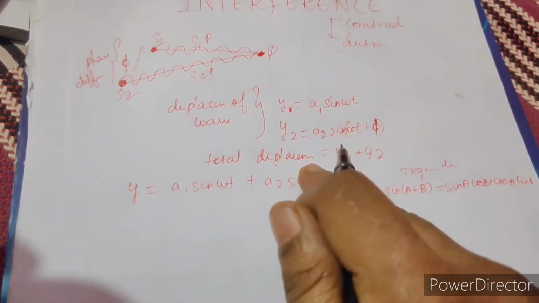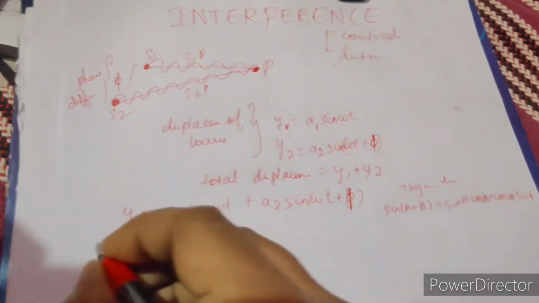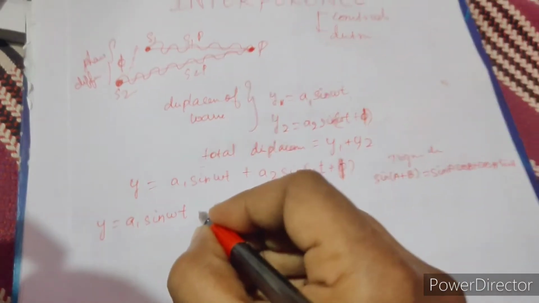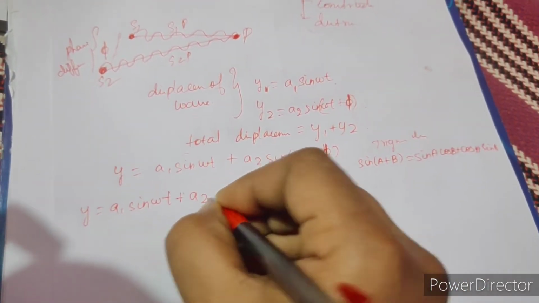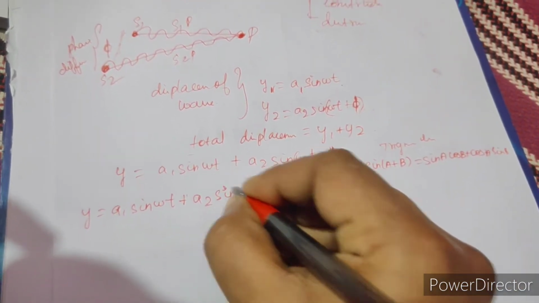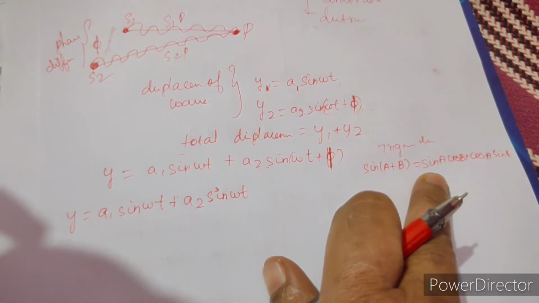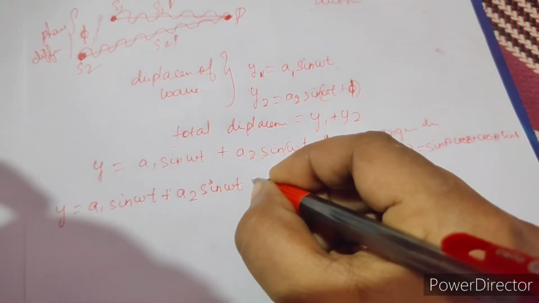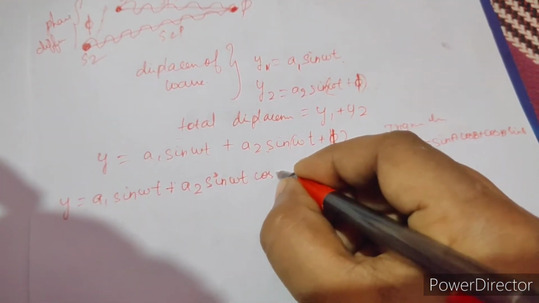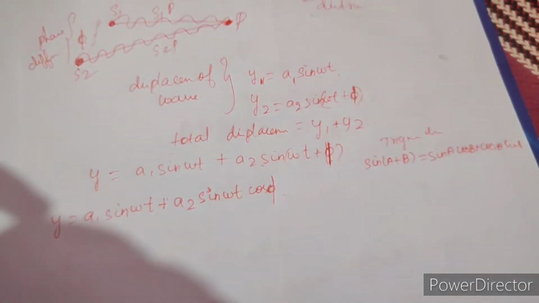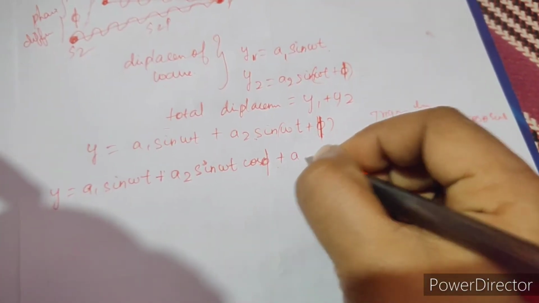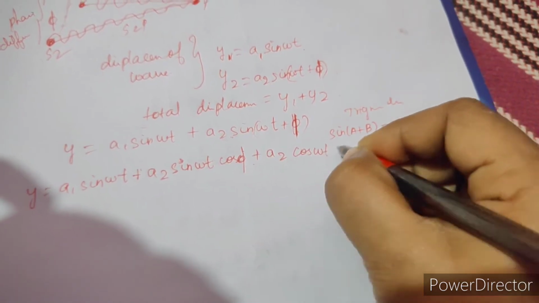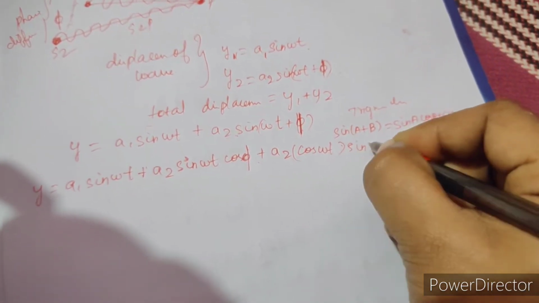So we get y = a1 sin ωt as it is, plus a2, note it carefully, a2 sin ωt cos φ, and again the plus sign, plus a2 cos ωt sin φ.